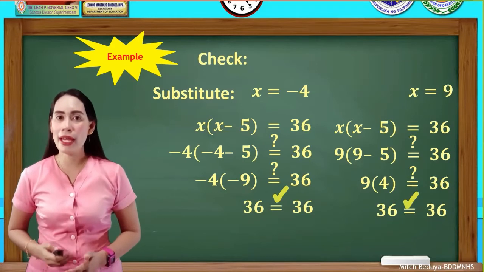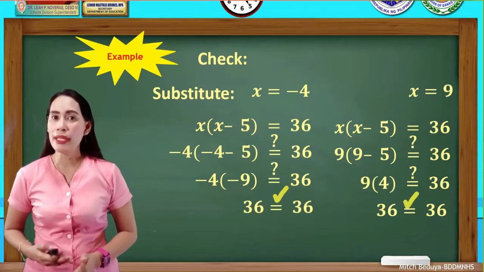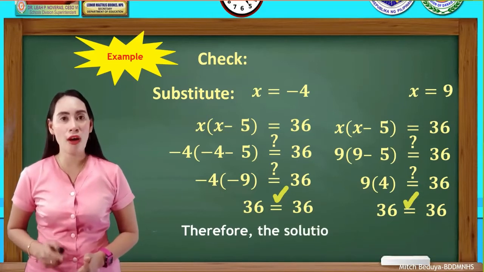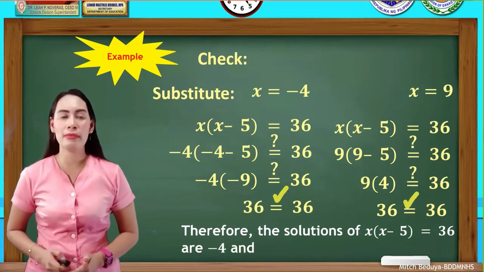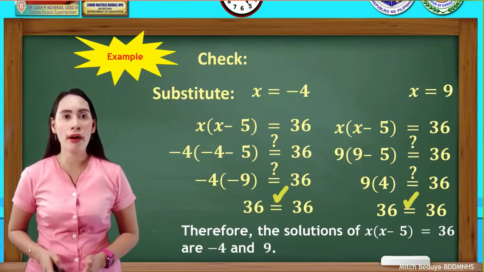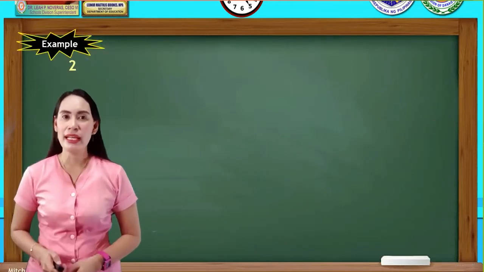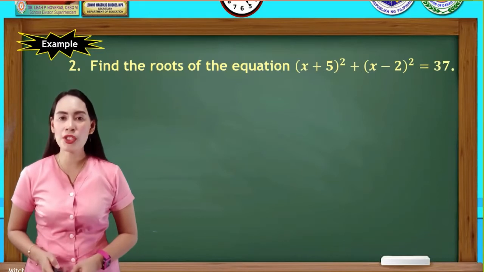The value of x, which is 9, satisfies the equation, or the equation is true if the value of x is 9. Therefore, the solutions of x times the quantity of x minus 5 equals 36 are negative 4 and 9.